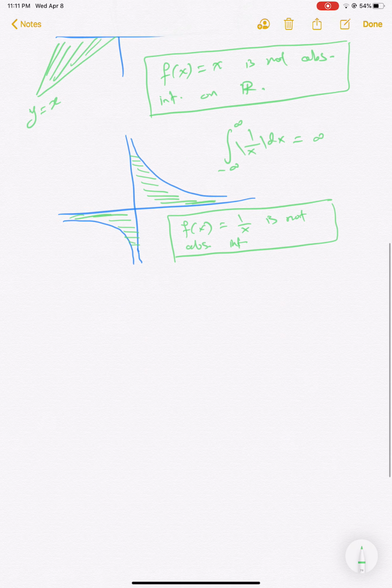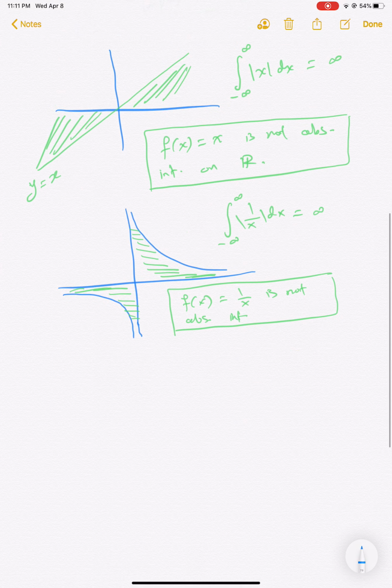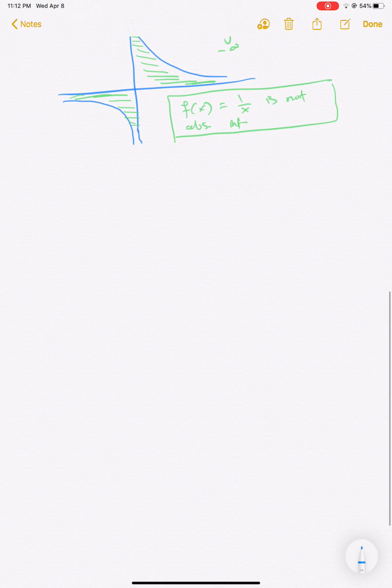So what examples do we have of absolutely integrable functions? Since our understanding of absolute integrability depends on areas and integrals of absolute values, it is very clear that we need to draw some function whose area with the x-axis is finite.